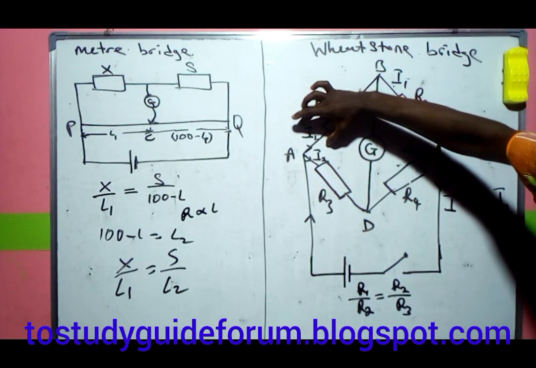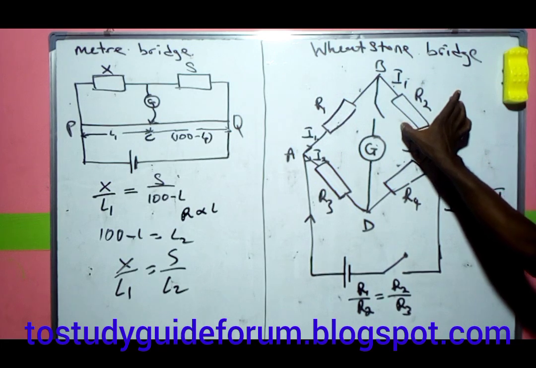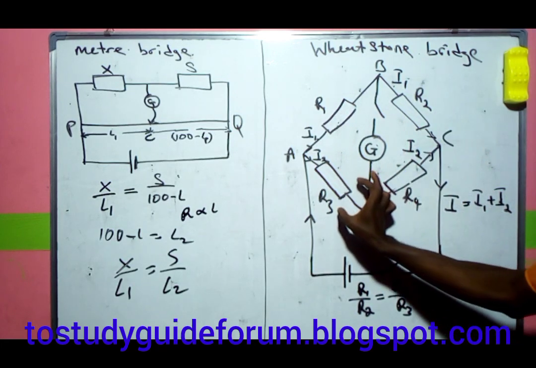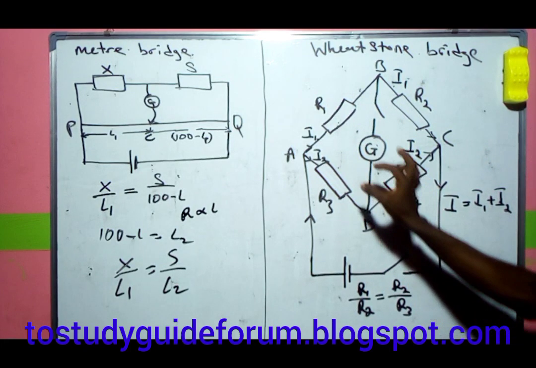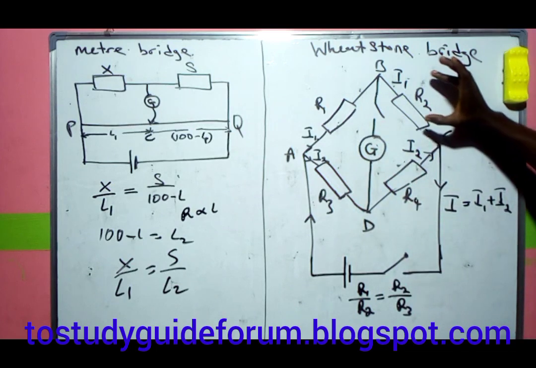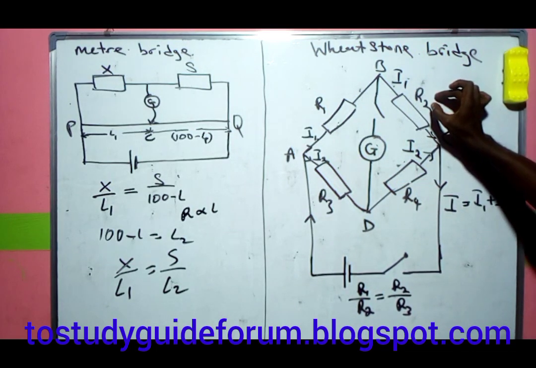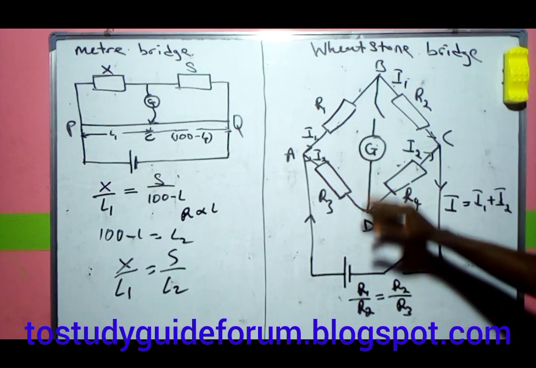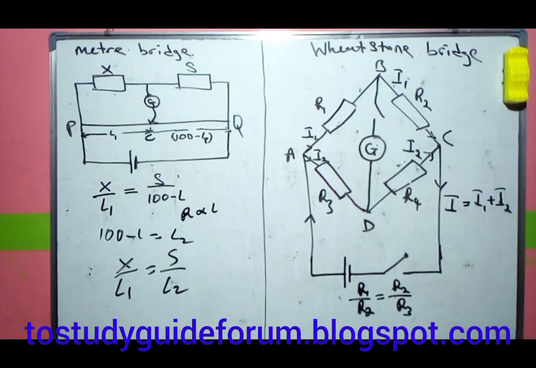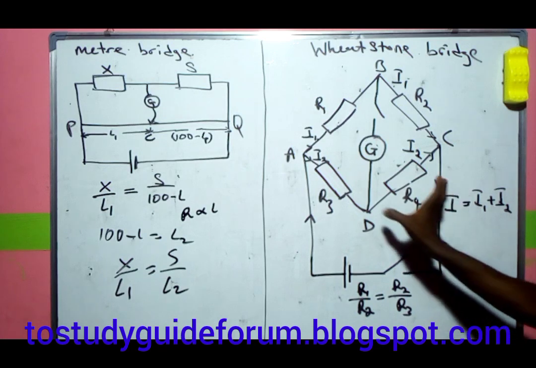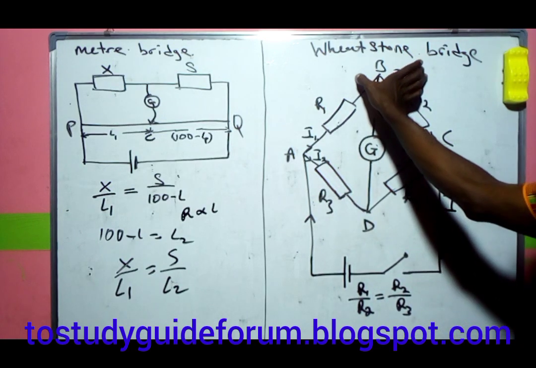Here, the current I1 passing through here and the current passing here is the same, and the current passing here and there is the same. But the total current is the addition of the current passing here and the current passing here. I1 plus I2 will give us the total current. Now, the voltage in here is different from the voltage that we have here.